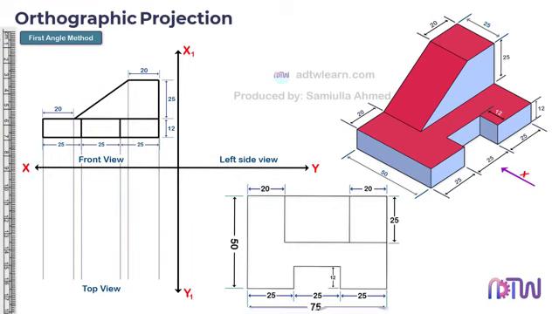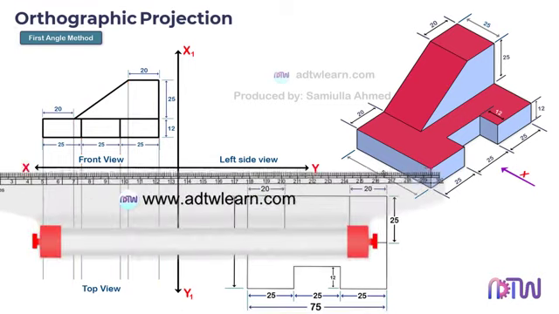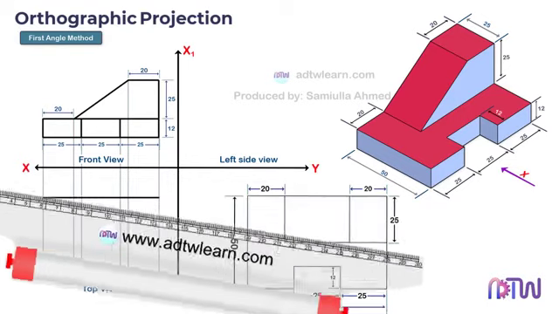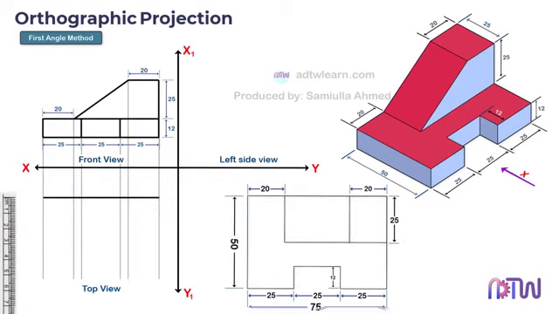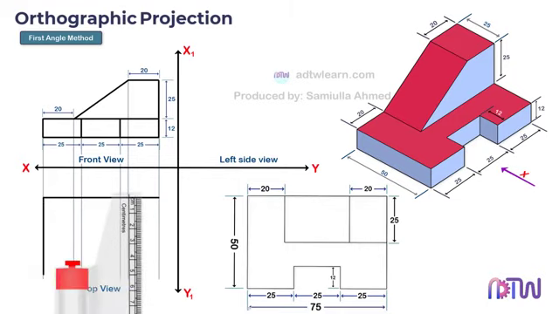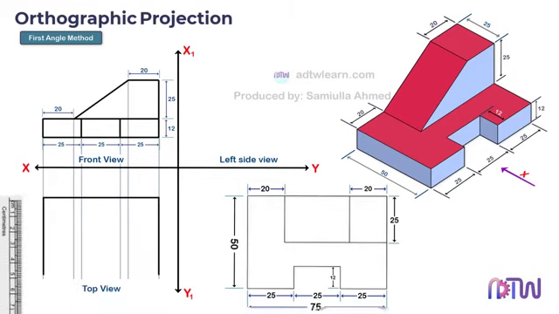Take a ruler and draw a horizontal line. Next, draw a vertical line of 50 millimeters in length. We can see this length as 25 millimeters, which is equal to this length, which means the horizontal line will be up to this line. Draw a horizontal line.